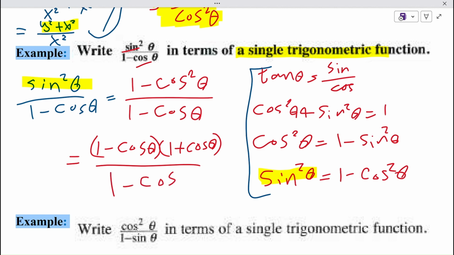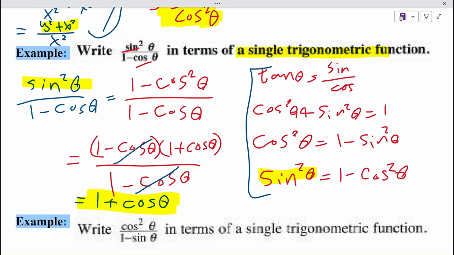So this question is equal to 1 plus cosine theta. This is our result. This is a form which contains a single trigonometric function just by using these rules.